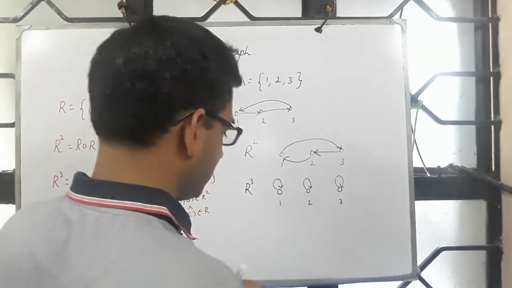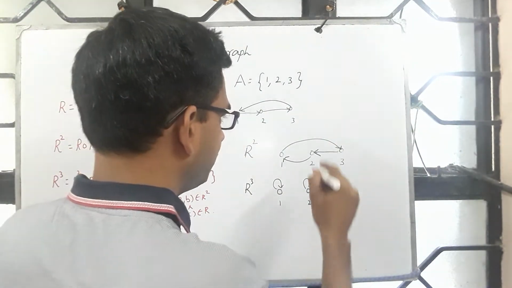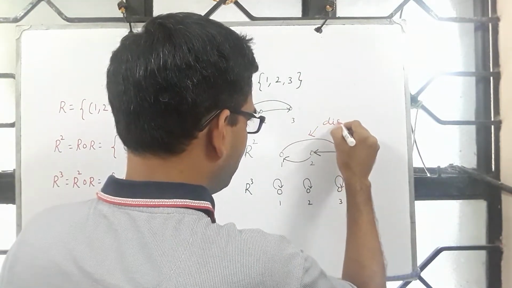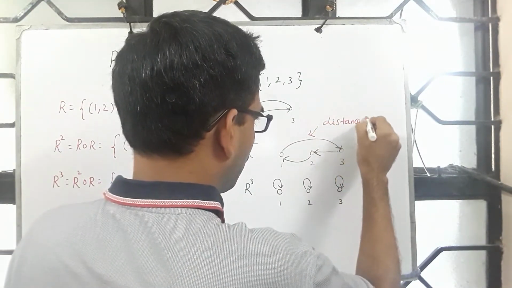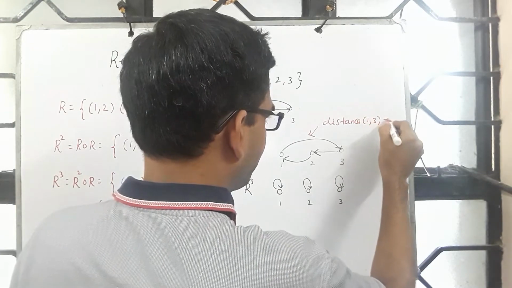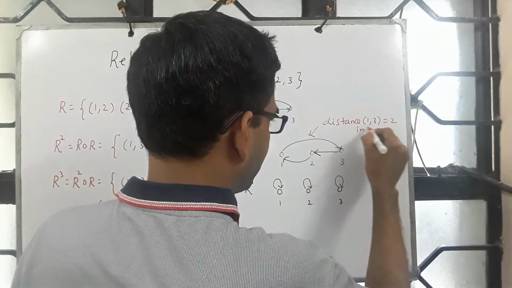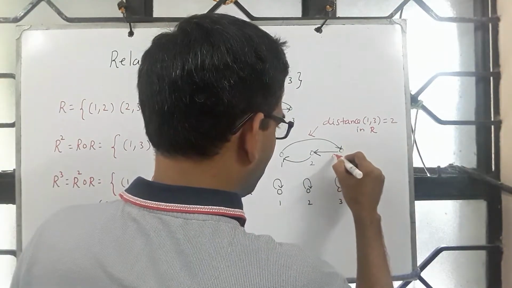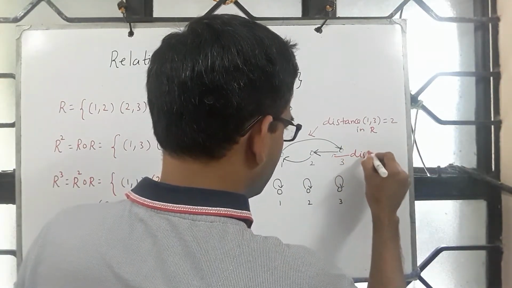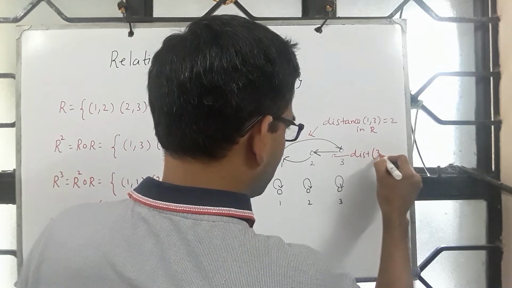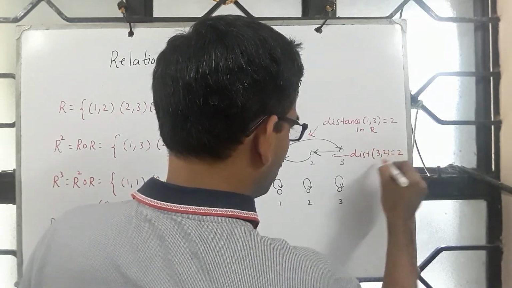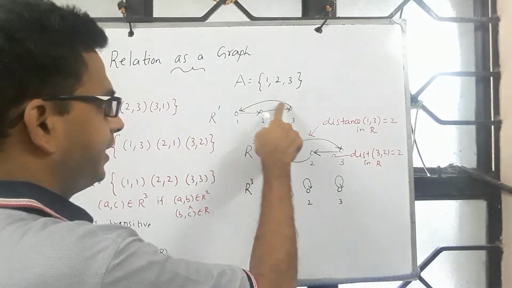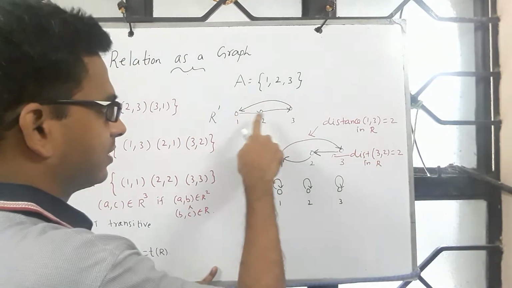So what is this? This is precisely, so the distance between 1, 3 is 2 in R. Similarly, if you look at this, the distance between 3, 2 is 2 in R. So 3 to 1, 1 to 2, follow the direction.